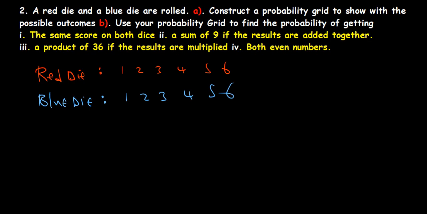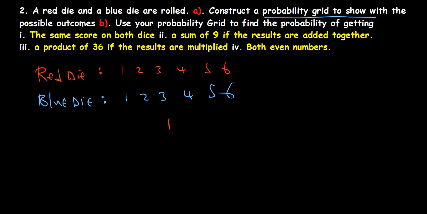For us to construct a probability grid to show the possible outcomes, we have to do this. We are going to put the red die in the horizontal rows, and this blue die we're going to put in the vertical columns. So this red die has 1, 2, 3, 4, 5, and then 6.